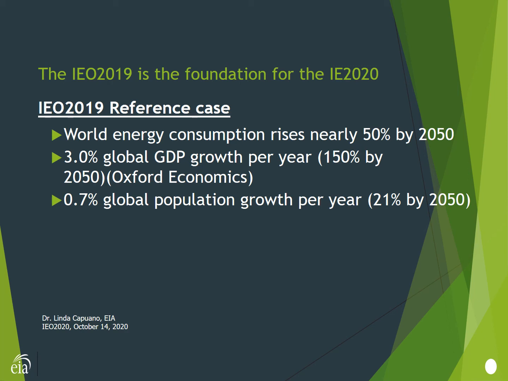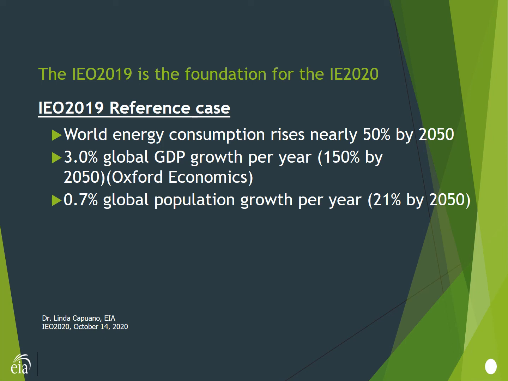The economy is expanding by 150% in 30 years, yet our energy consumption only expanded by 50%. Like we explored before, this means that energy efficiency is rising. People are being careful about how efficiently their machines, their buildings, their factories use energy.